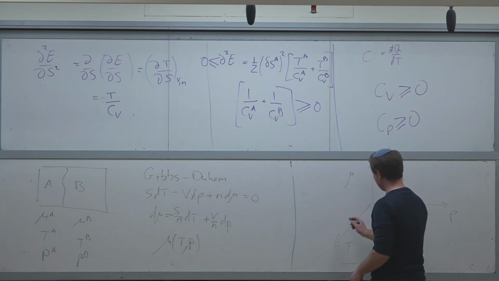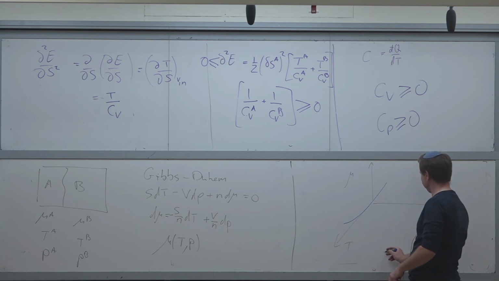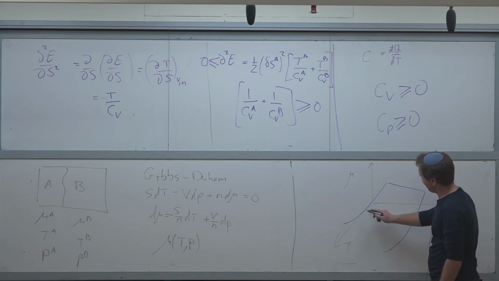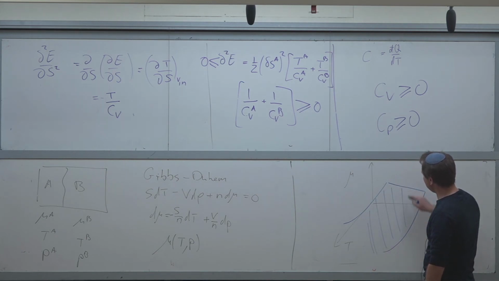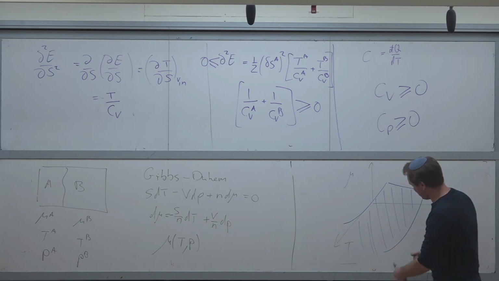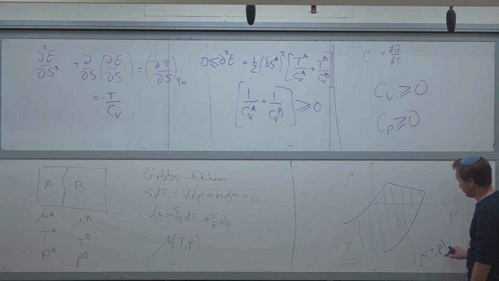So let's assume that this plane here is a hyperplane, which is the function mu of T and P of system A. Okay?